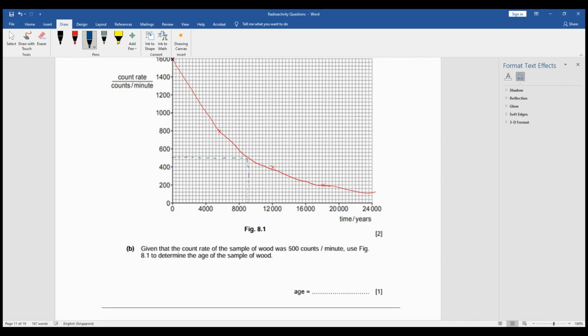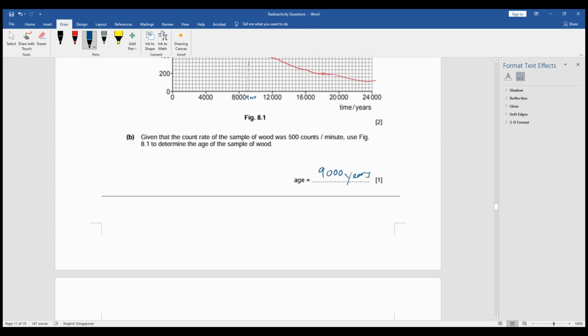I just put it at 9,000 years. If your graph is drawn very badly, it depends on your graph. Mine, I think, is drawn very badly, so you might have a slightly different answer, but it shouldn't differ by more than 1,000 years. Okay, next.